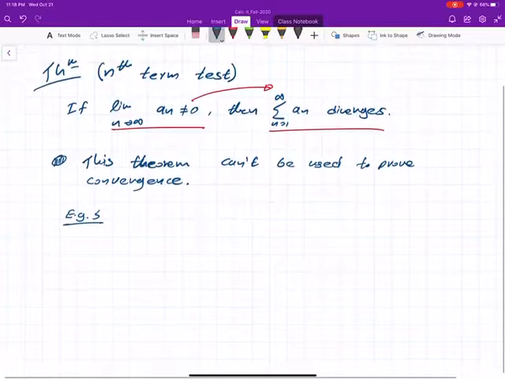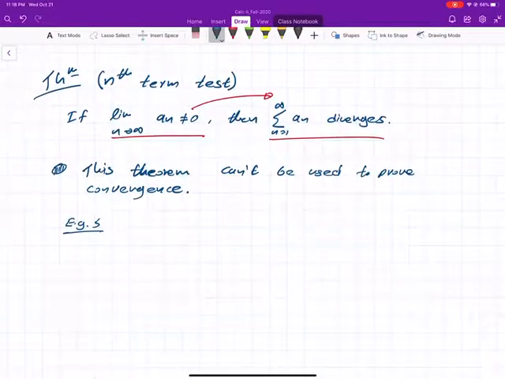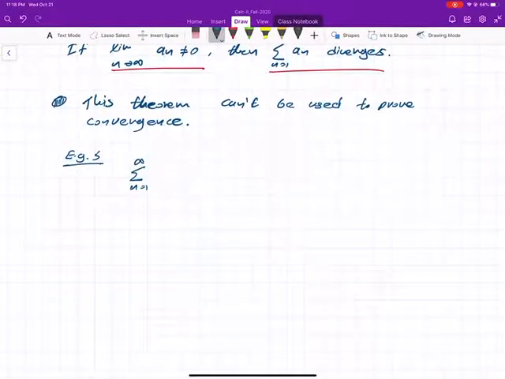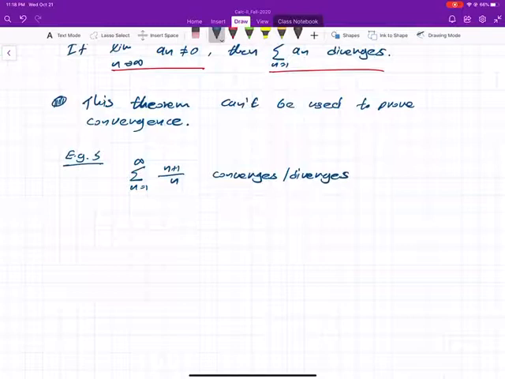So now we have the fifth example. It is sigma n goes from 1 to infinity, n plus 1 over n. You have to check whether this converges or diverges.